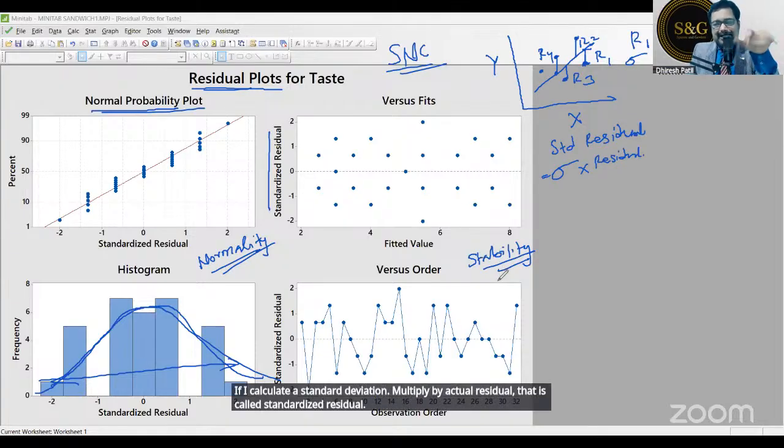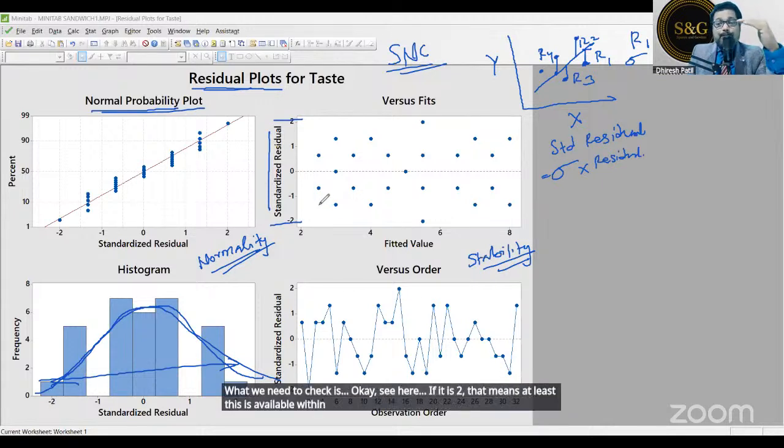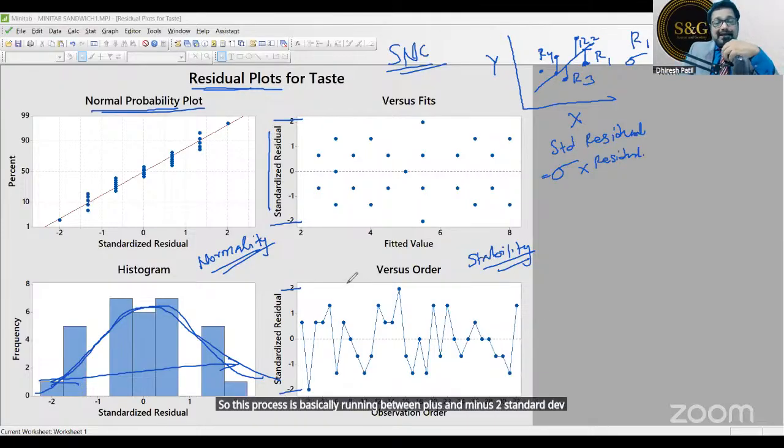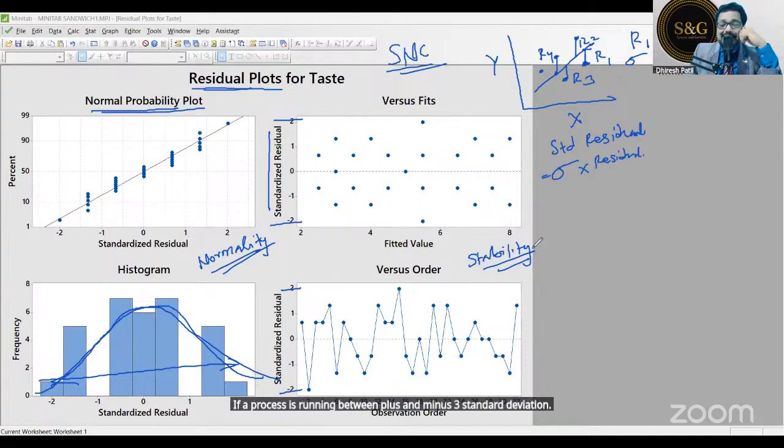Anyways, this is too technical for us. What we need to check is, see here, if it is 2, that means this process is basically running between plus and minus 2 standard deviations. So if a process is running between plus and minus 3 standard deviation, that process is a stable process.